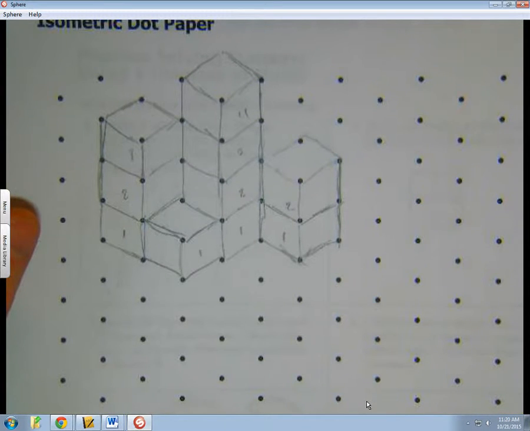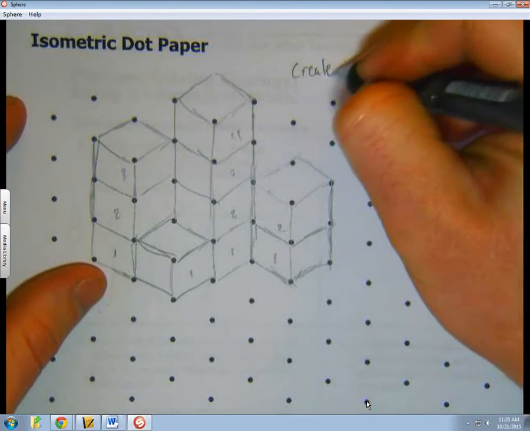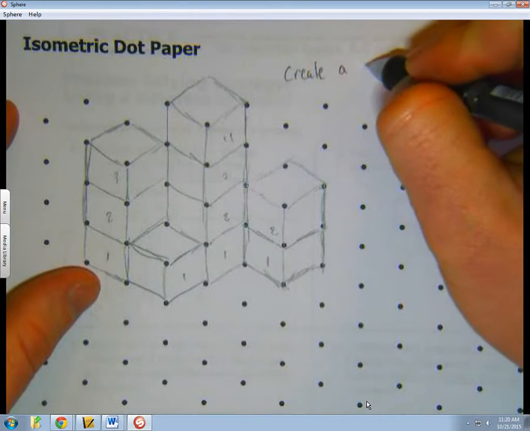Okay, so that's isometric. I just want you guys to create a structure on the graph paper.